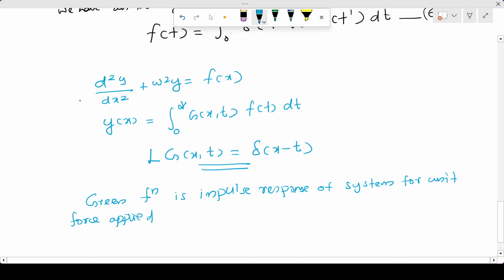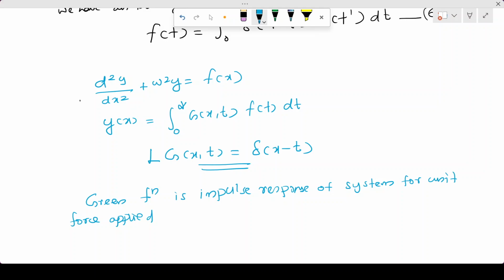So we can say that it is an impulse response. That's what we can see now. This delta x minus t is an impulse function. So when you are operating a linear differential operator on a Green's function, correspondingly you get an impulse response. So we can see that it is the impulse response of a system for a unit force applied.